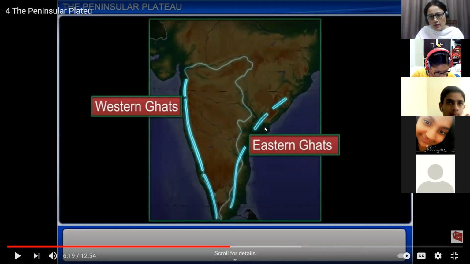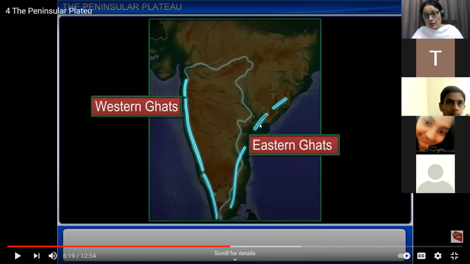Here, Eastern Ghat, you can see great green area here. मतलब coastal plain जो है, that is very broad. Coastal plains of eastern coast are very broad as compared to western coastal plain. ऐसा क्यों है? Because western Ghats बिल्कुल coast के साथ हैं, eastern Ghat थोड़े से distance पे हैं.